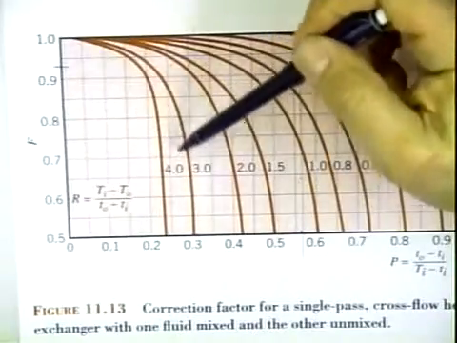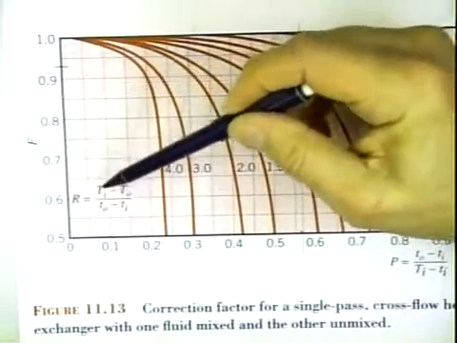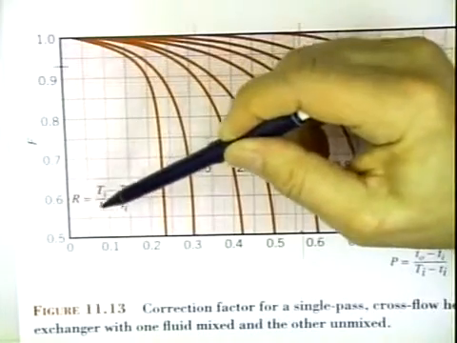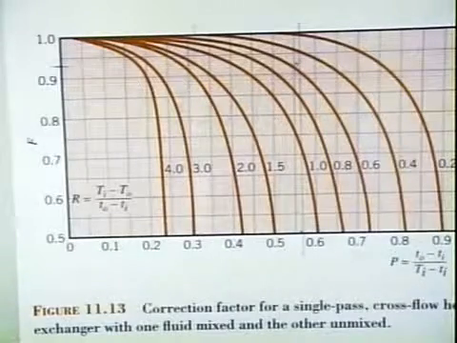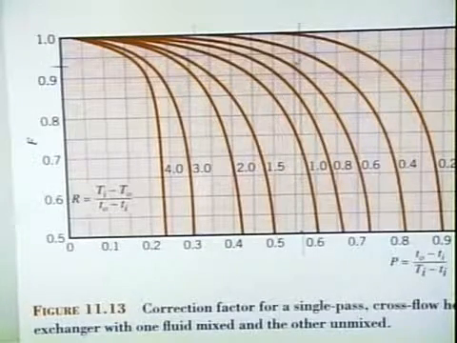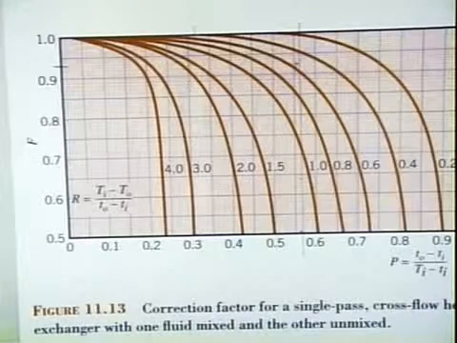And then over here, these pink or magenta lines, we have R, and that's given by big T in minus big T out over little t out minus little t in. So we need to calculate R and P so that we can use that graph. I've done that on the board over here.